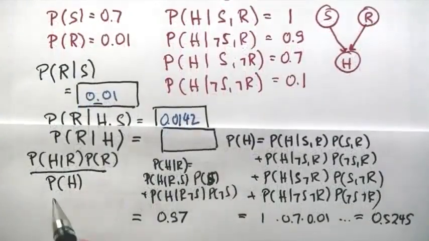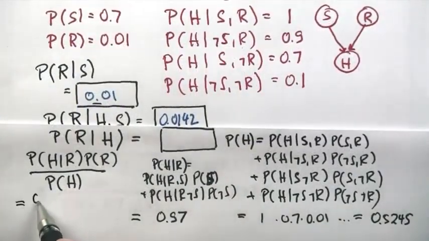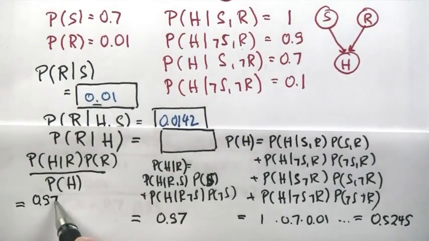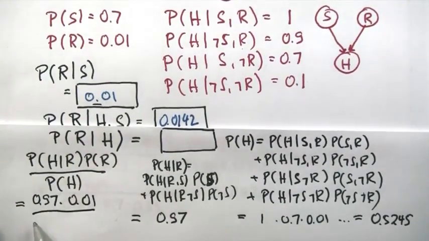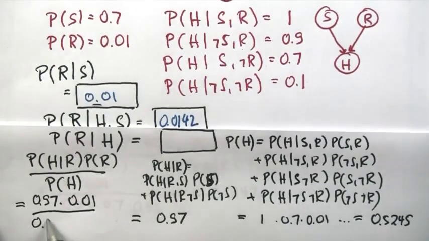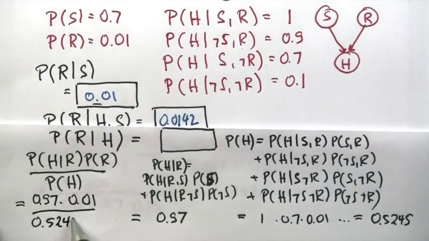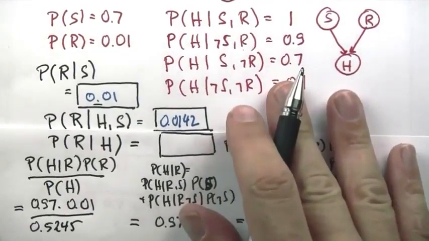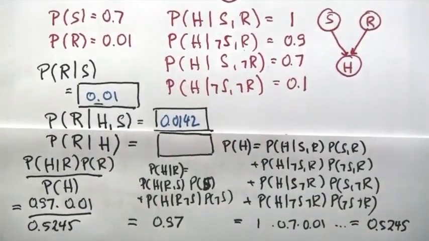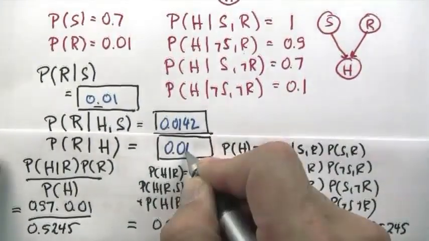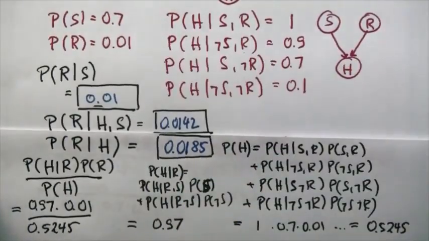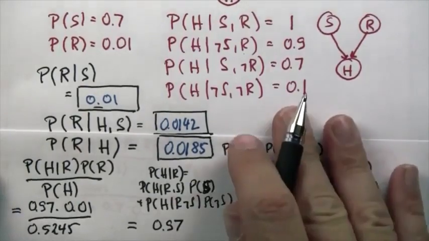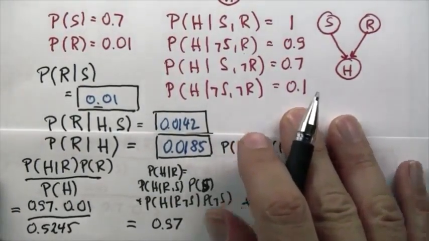So if we now plug this all back into this equation over here, we get 0.97 times 0.01 over 0.5245. This gives us approximately, as a correct answer, 0.0185. And if you got this right, I will be deeply impressed.